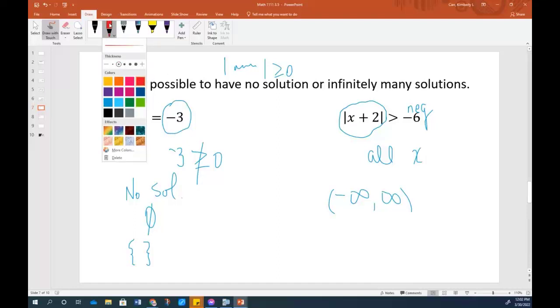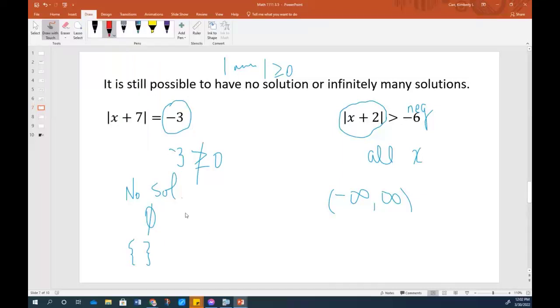But on this one with the -3, if you worked it out, you would say, well, x plus 7 is either equal to -3 or x plus 7 is equal to the opposite of -3. So here we get -10, and then you get -4.